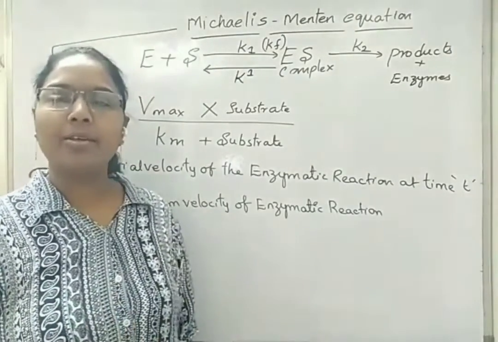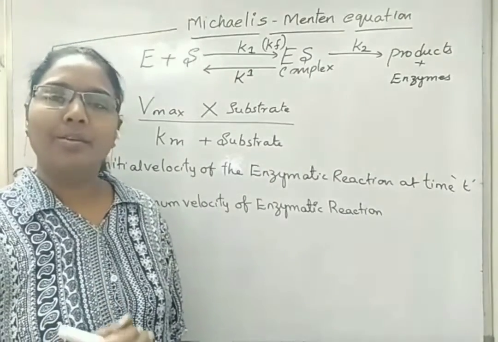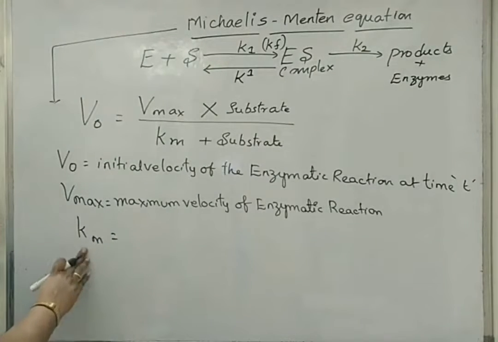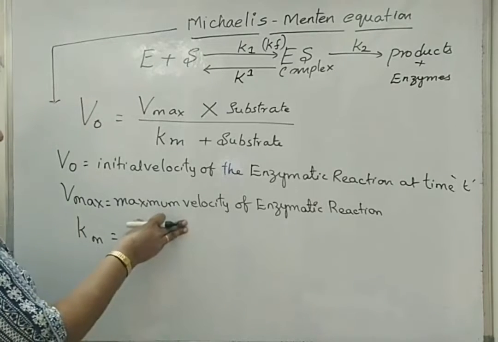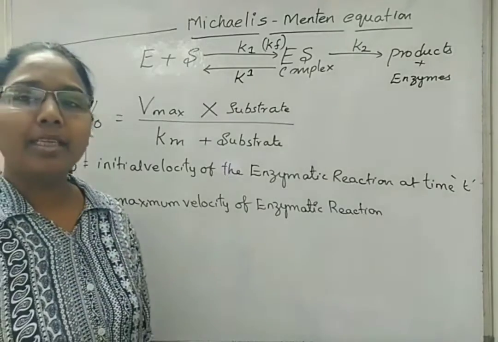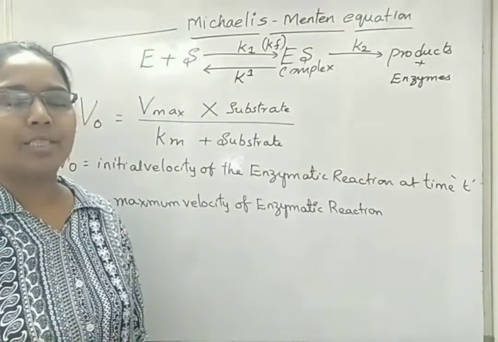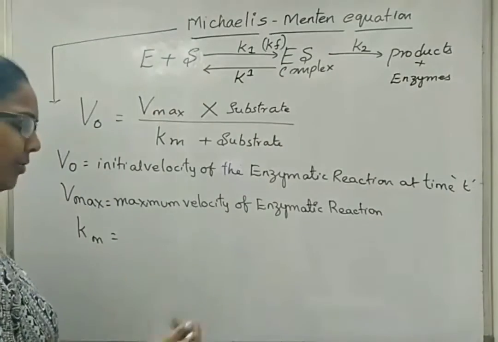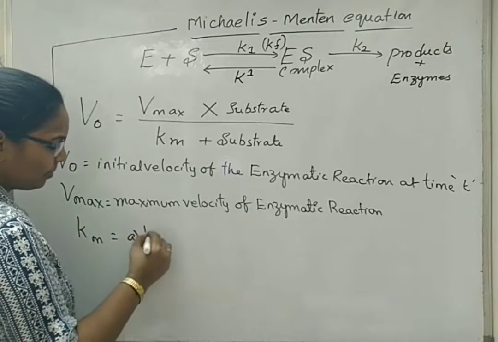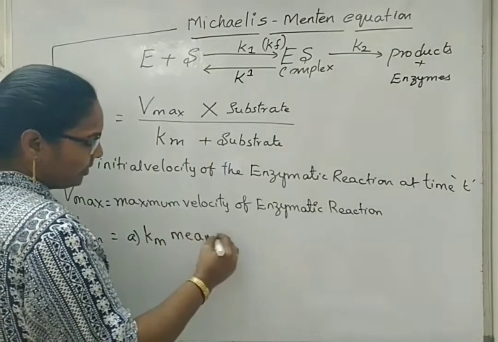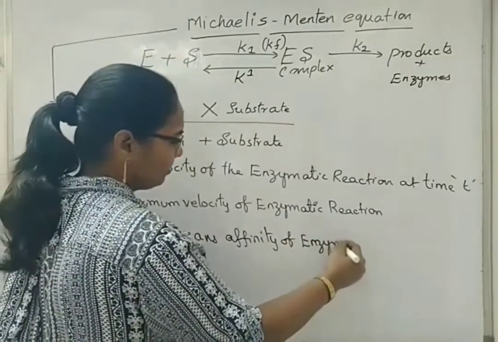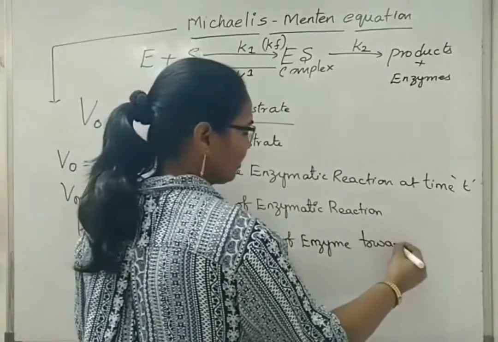In other words, when we are talking about the concentration of the substrate, Km represents the concentration of the substrate that allows the reaction to reach half of its maximum velocity, or the concentration of substrates that have occupied half of the active sites of the enzymes. So we write that in two different terms. Km indicates affinity of enzyme towards substrates.